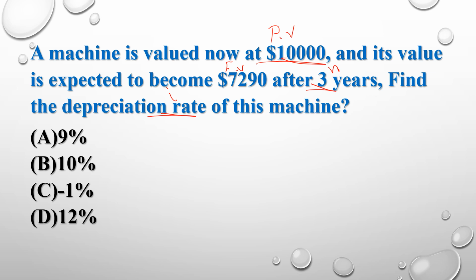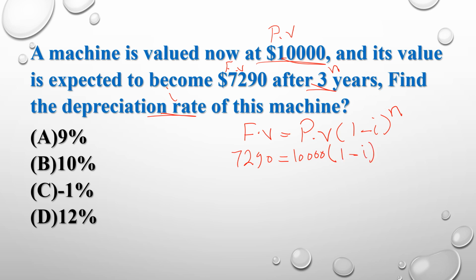You have, for the depreciation problems, the formula: the future value equals present value times 1 minus I, where the depreciation rate is raised to the power n. So the future value is 7,290 equals the present value $10,000 times 1 minus I, which is missing, and n equals 3.